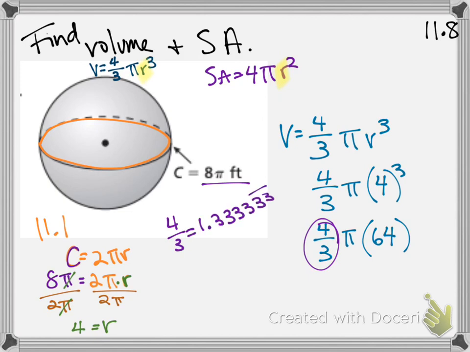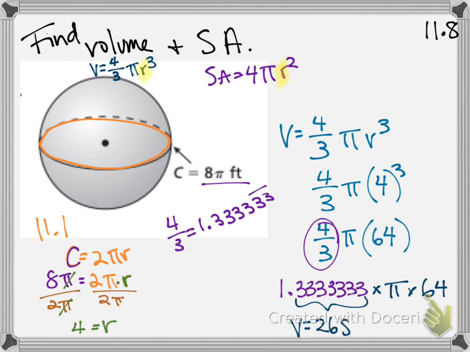I wouldn't round it though. I would use as many threes as I could fill the screen, and then times pi, and then times 64. That's what I'm going to do. As many threes as I could fill the screen I would use, because that would be closest to the value of 4/3. So for volume, I got 268.08. Again, this is volume, so feet cubed.